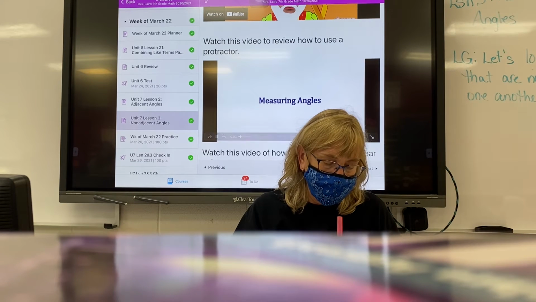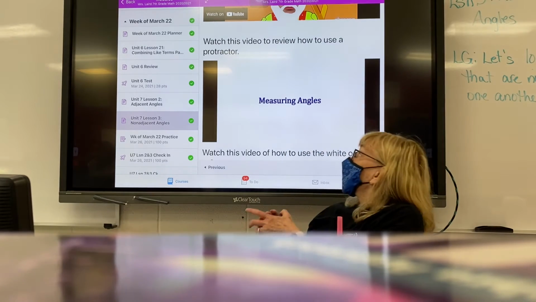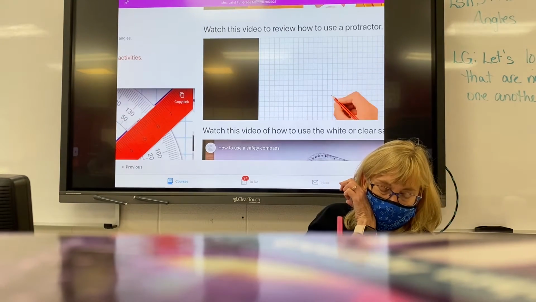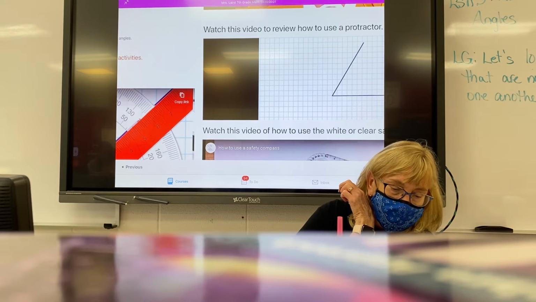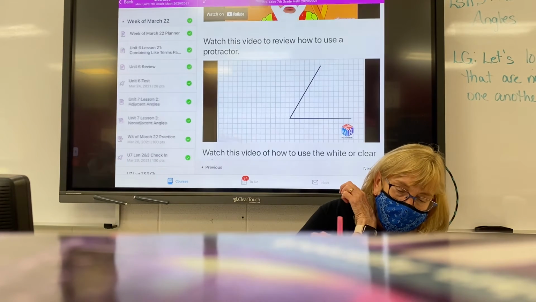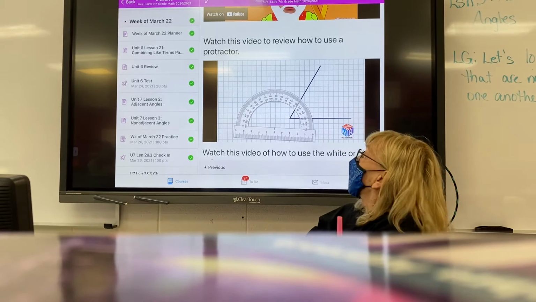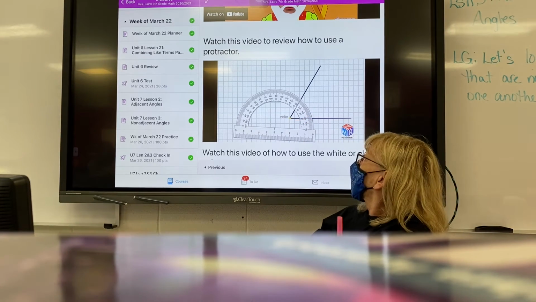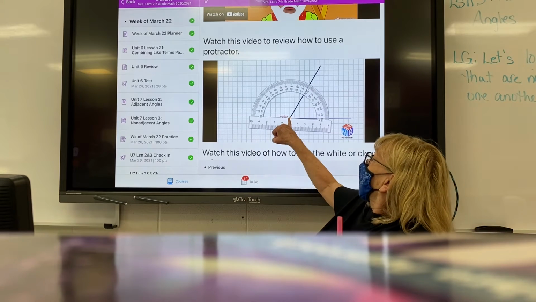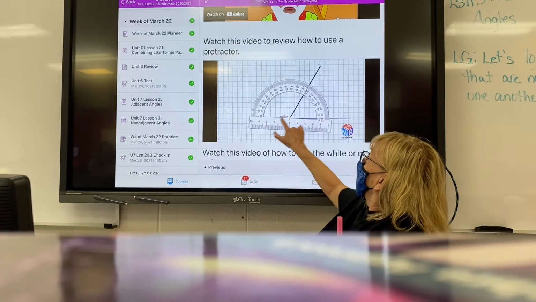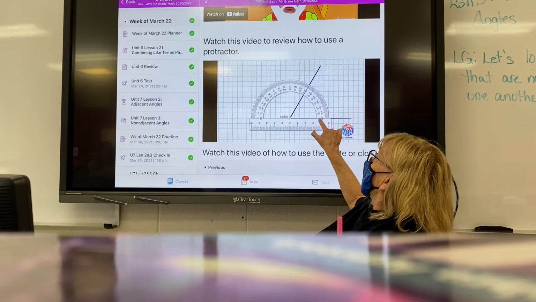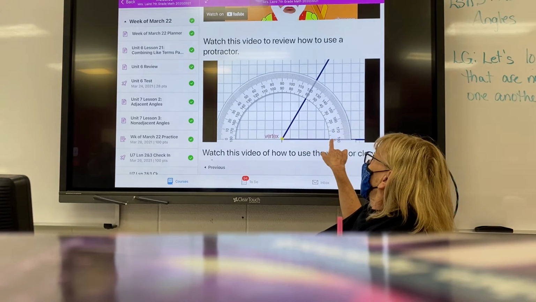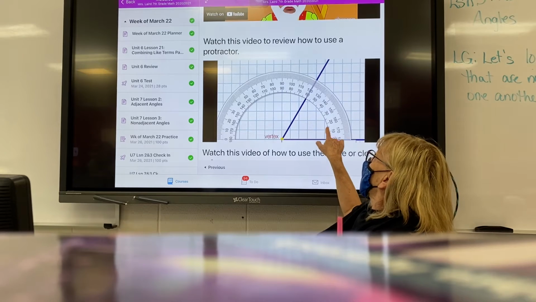Measuring angles. We use a protractor to find the measurement of any angle. Line up the vertex of the angle at the center point of the protractor. So see here, make sure the bottom ray of the angle goes through the 0, right here on the 0. Count up from 0 until the other ray intersects.